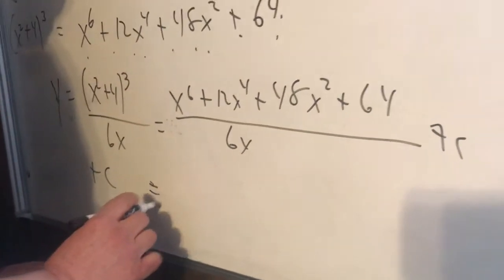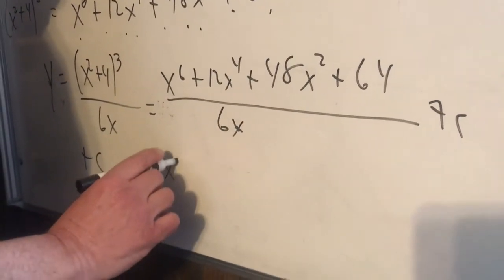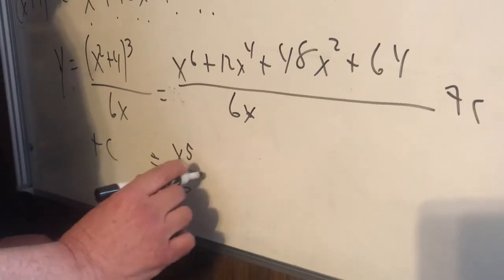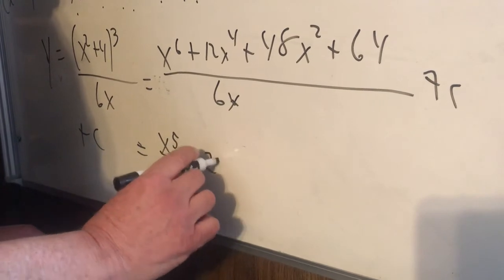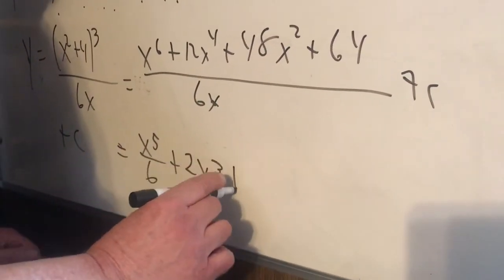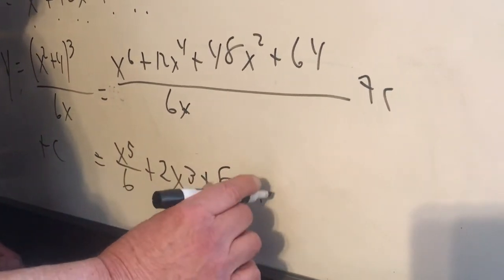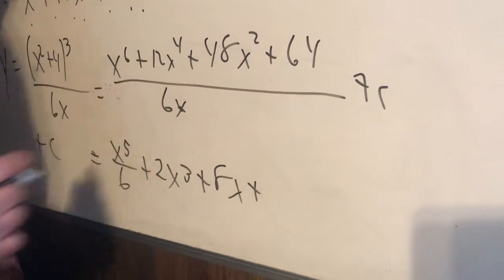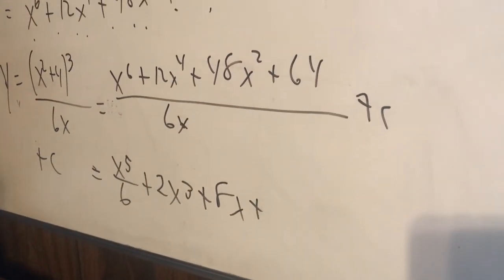What do you get here? You get x to the 5th over 6 plus 2x to the third, dividing out by this, plus 8x plus 64, I believe that's 64, yeah.